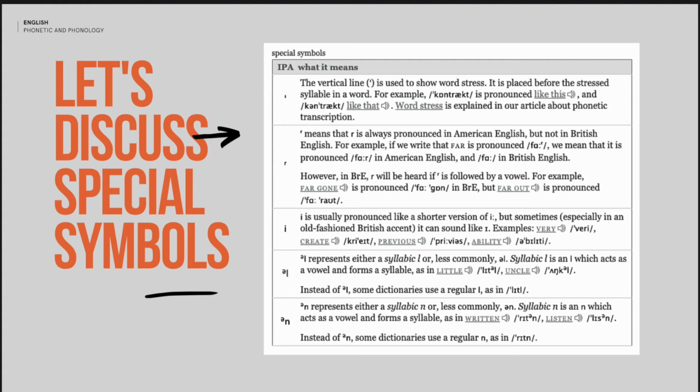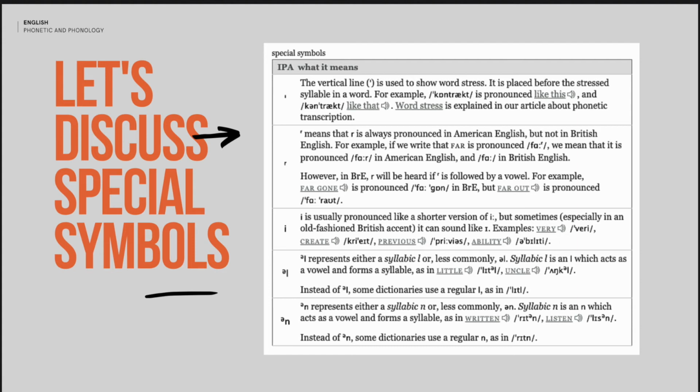R means that R is always pronounced in American English, but not in British English. For example, if we write that far is pronounced far, we mean that it is pronounced far in American English and far in British English.